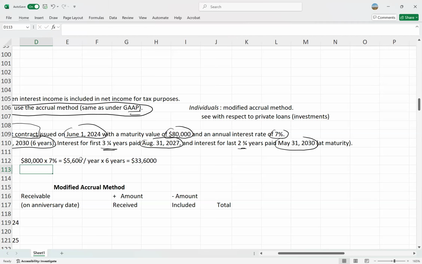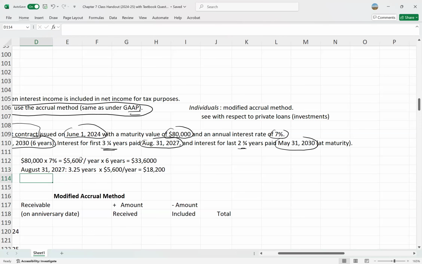If you think about this investment contract, the first payment will be made on August 31st, 2027. It's going to be for 3 1/4 years, and at 5,600 per year, that first payment of interest will be $18,200.